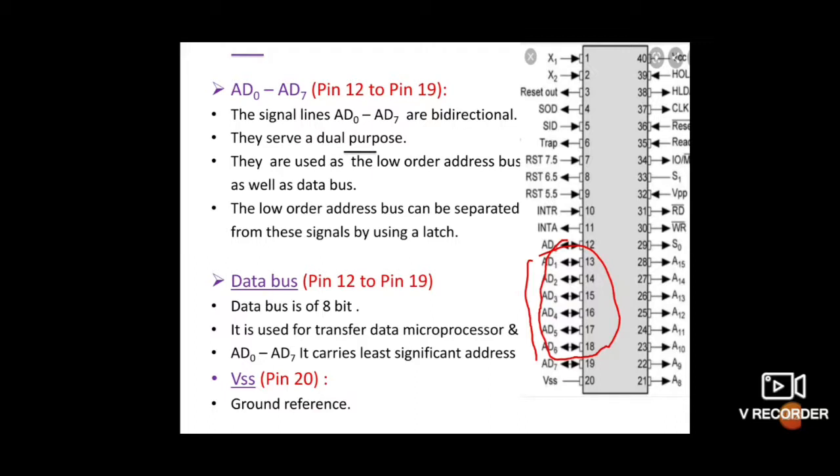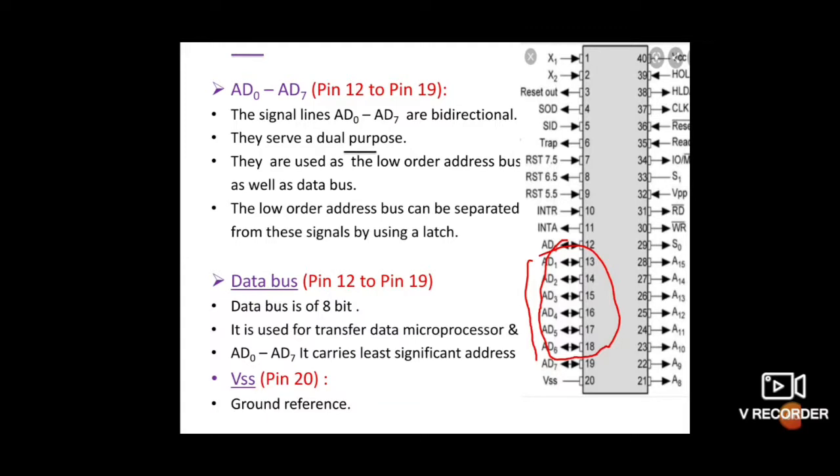The lower order address bus can be separated from this signal by using a latch. They are used as the low order address bus as well as the data bus. So in this 16 bit address bus, the lower order address bus, that is A0 to A7, is also used for the data bus.